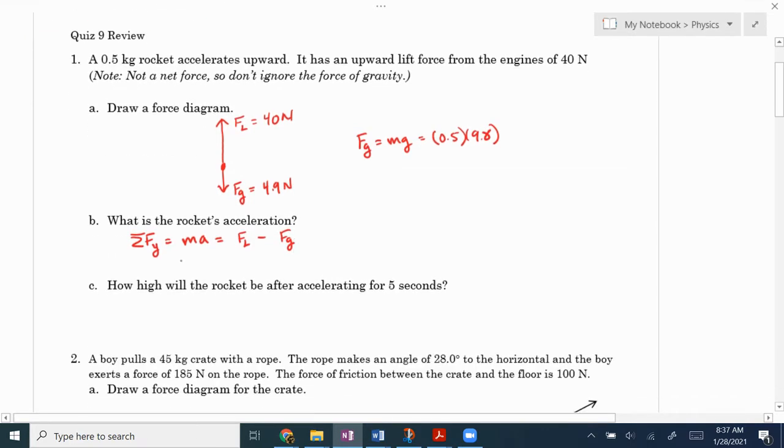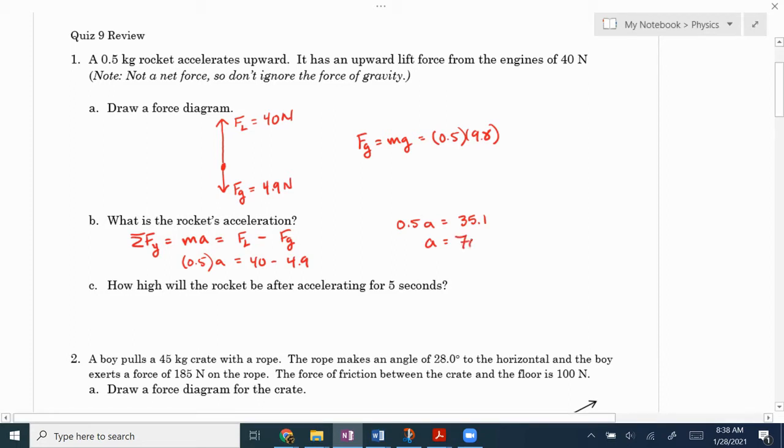We're solving for a, so leave that there. 40 minus 4.9 is going to be 35.1. a is equal to 35.1 divided by 1/2.